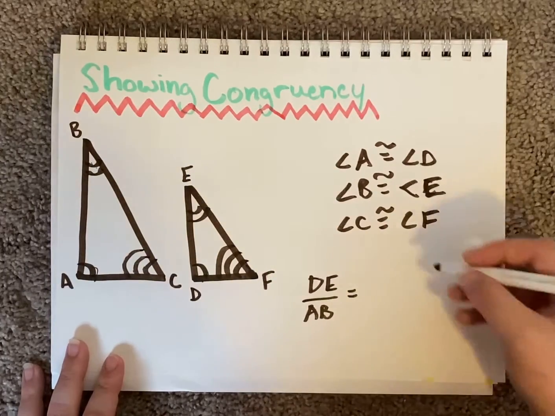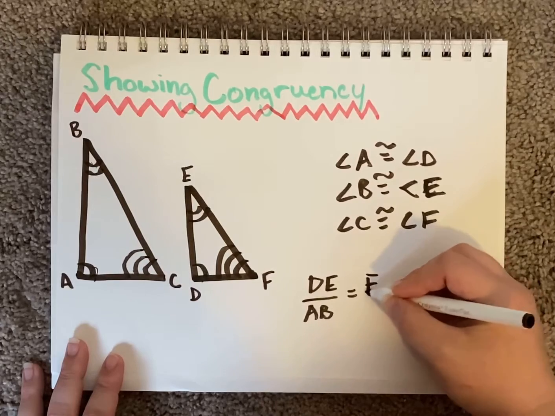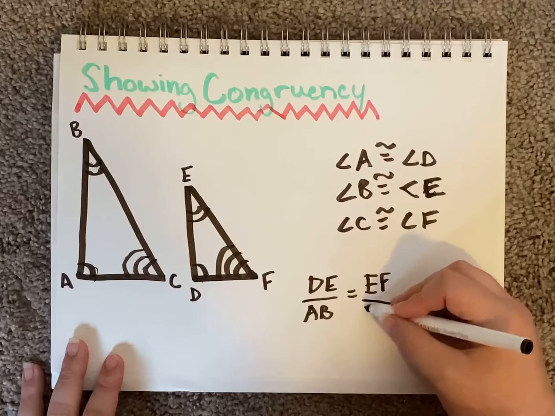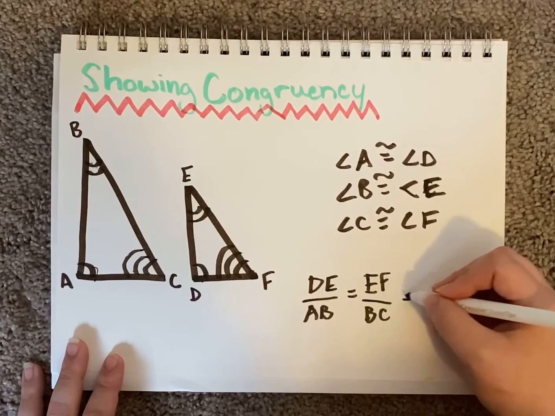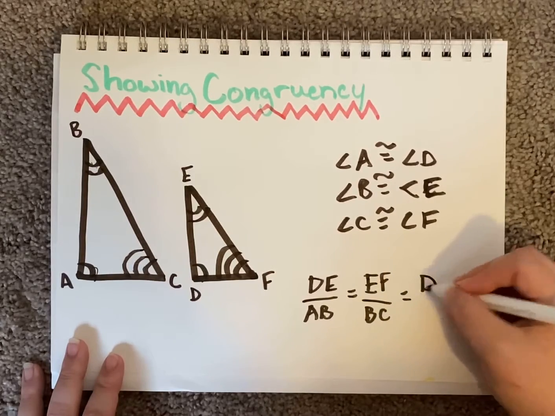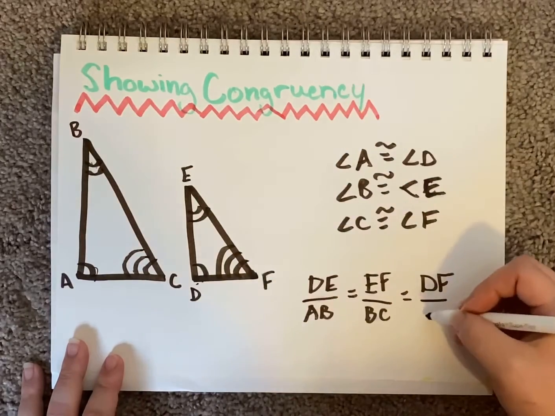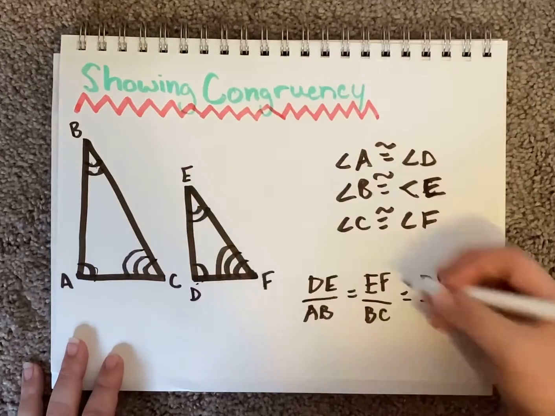We could also show this by saying that side EF is the same as side BC. And we can also put it that side DF is also equal to side AC.